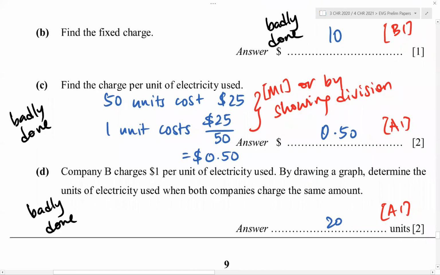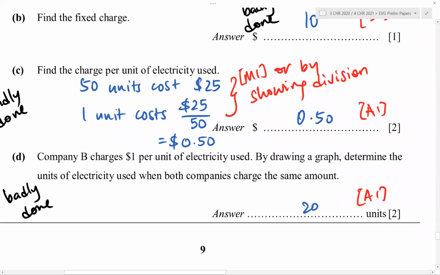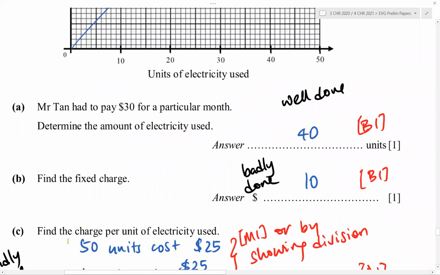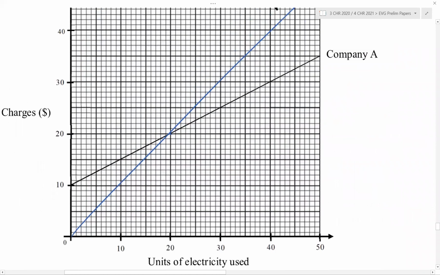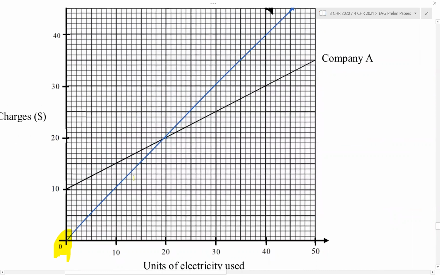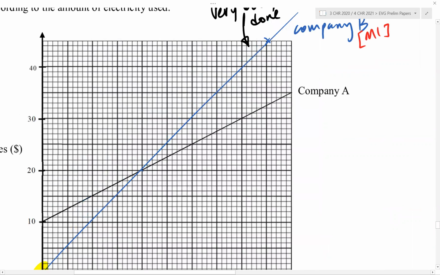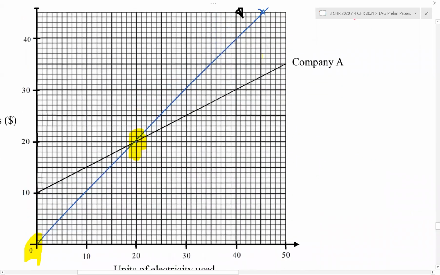Part D, you are supposed to draw a straight line graph that passes through the origin, 0, 0, and it passes through this point, which is 20, 20, as well as 45, 45.